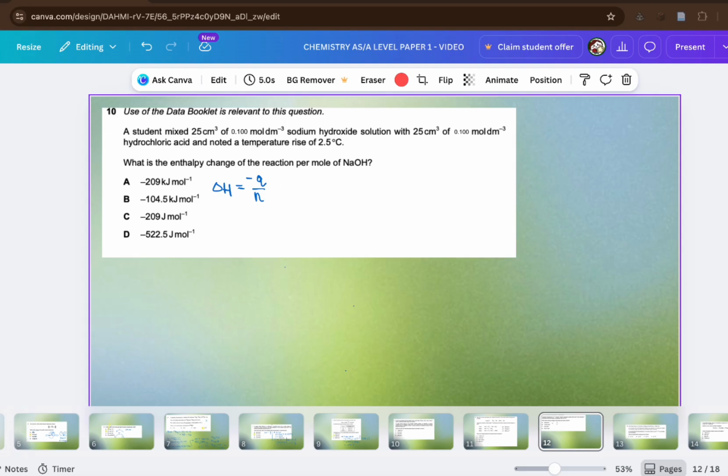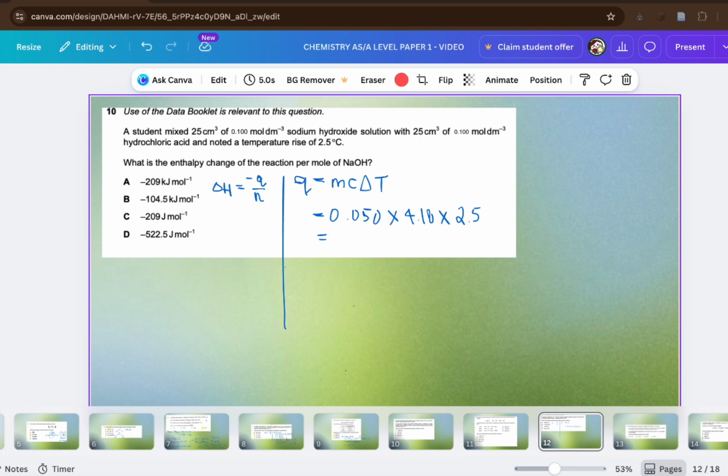We will write the equation here. Of course, we will change the 25 cubic centimeters to cubic decimeters, which will be 0.025 cubic decimeters. We will add both. It will result in 0.05 times 4.18 times temperature change, 2.5.